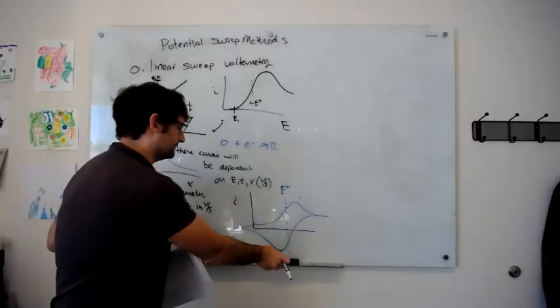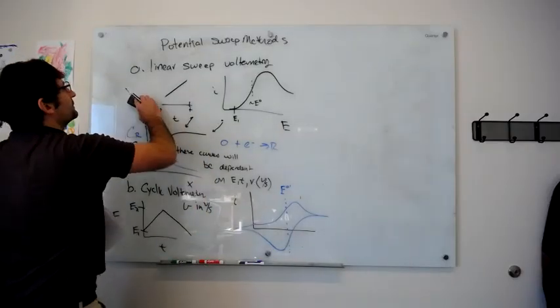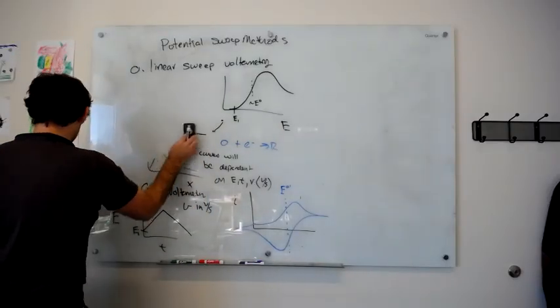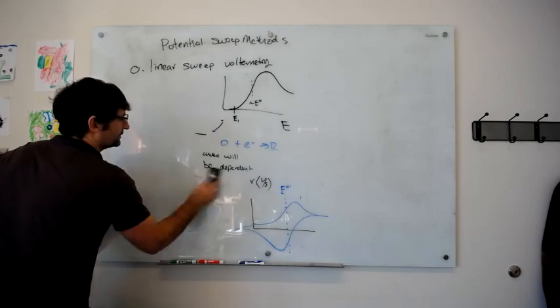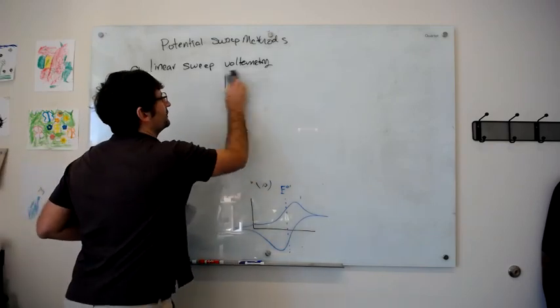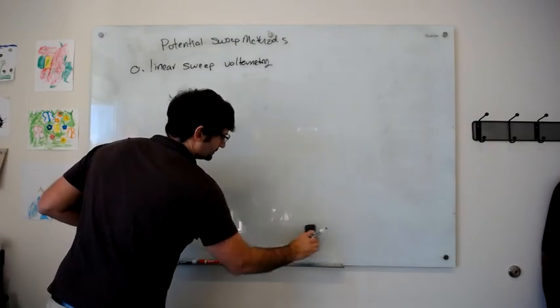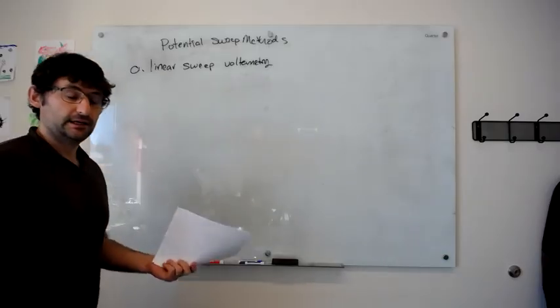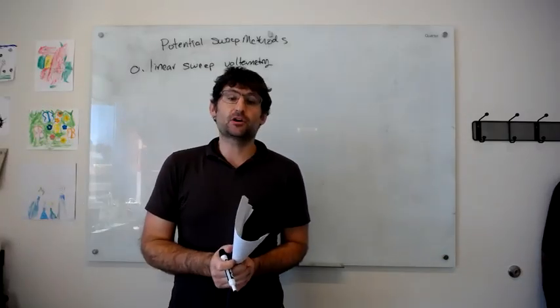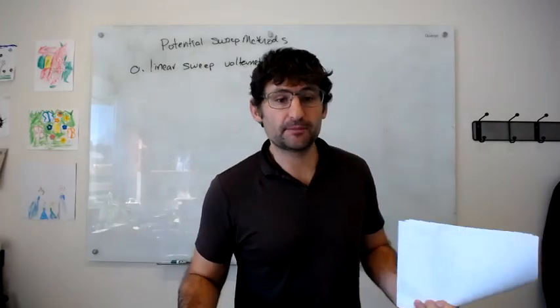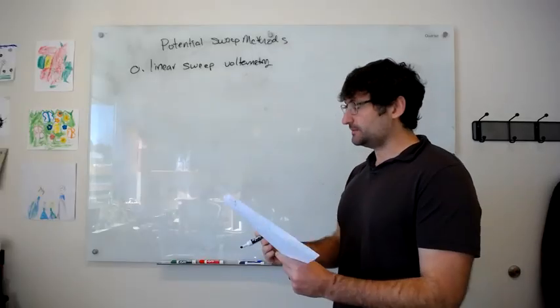So we'll start now exploring linear sweep voltammetry in more detail, where we're going to sweep the potential, and we'll think about how we set up solving the diffusion problem, but like in the previous potential step experiments, we won't actually solve the diffusion problem because it needs to be solved using numerical methods.